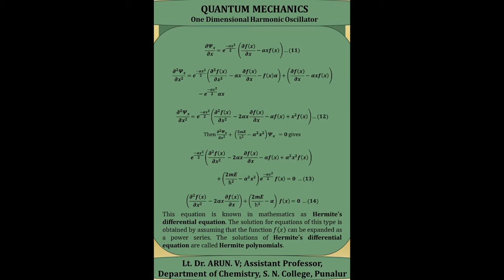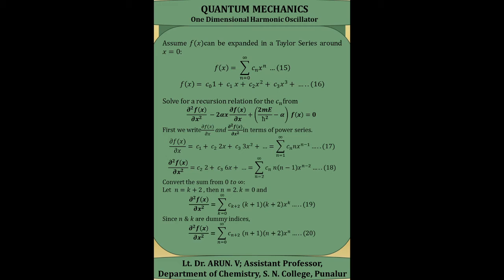This equation is known as the Hermite differential equation, a very common equation in mathematics. The solution for equations of this type is obtained by assuming that the function f(x) can be expanded as a power series. The solutions of Hermite differential equations are called Hermite polynomials.